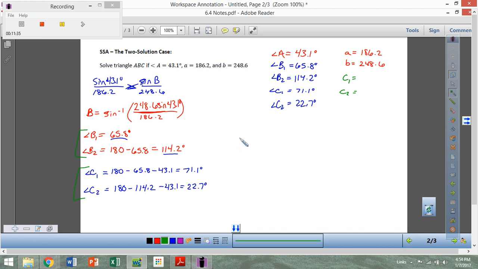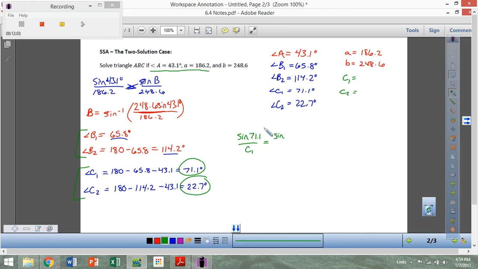And the way I'm going to find that is by simply doing the law of sines with each one of these angles as my C value. So the first one I'll use is 71.1. Sine of 71.1 is to side length C1, because I'm calling this angle C1. I'm going to use the information from A, because I'm not going to have to change this.